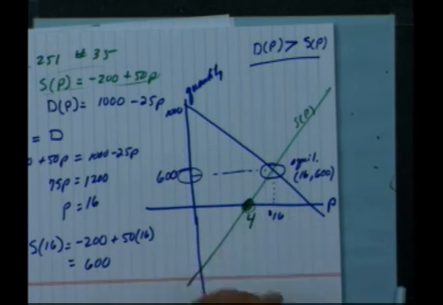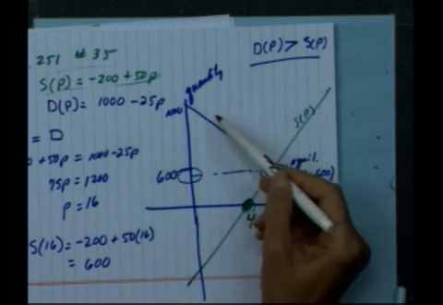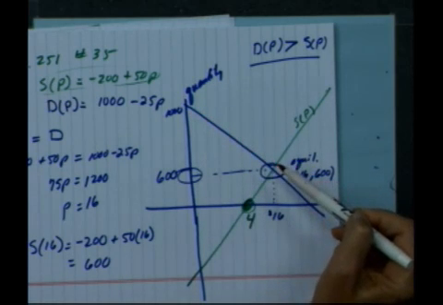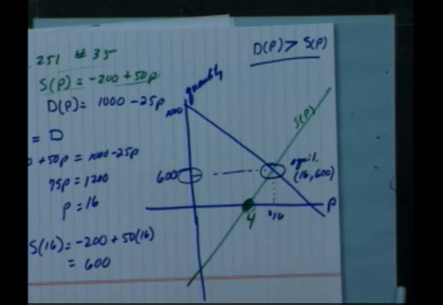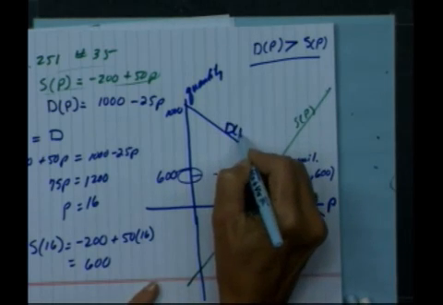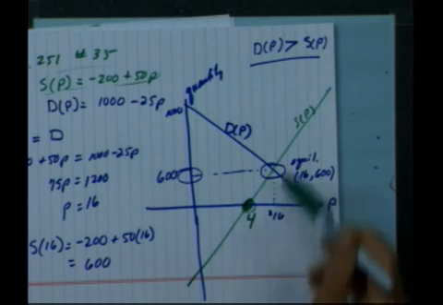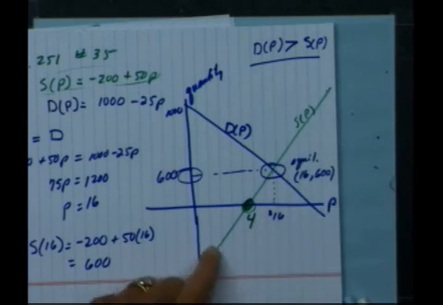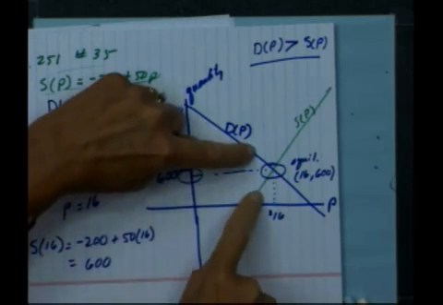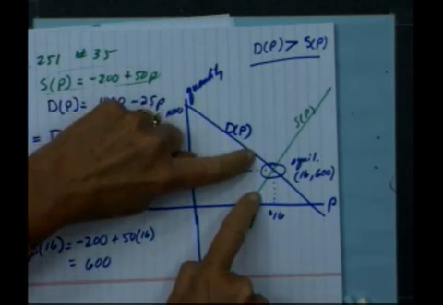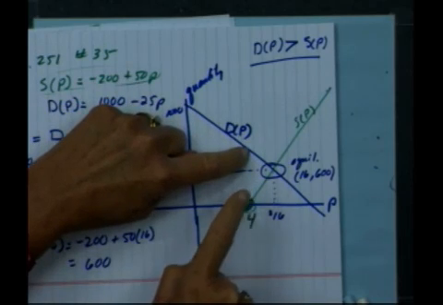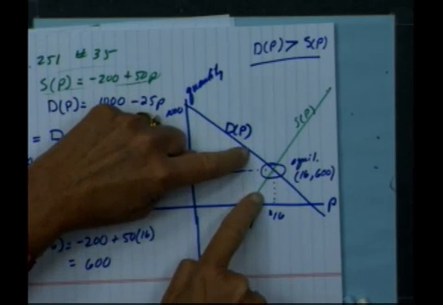So let's analyze your graph. This is the graph. I didn't even label my axes. This is D of P right here. I mean my lines. This is D of P, and this, the green, is S of P. I did label that one. Okay, so if I'm right here, for example, is D of P greater than or less than S of P?